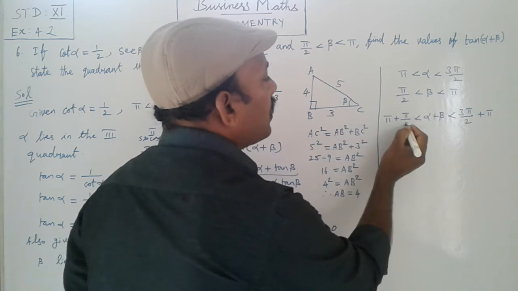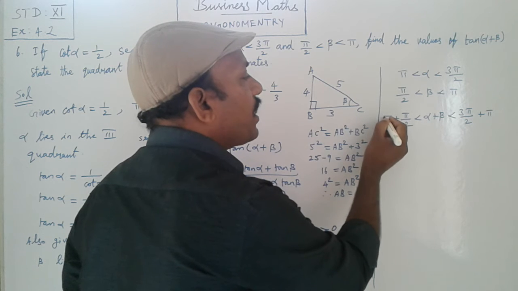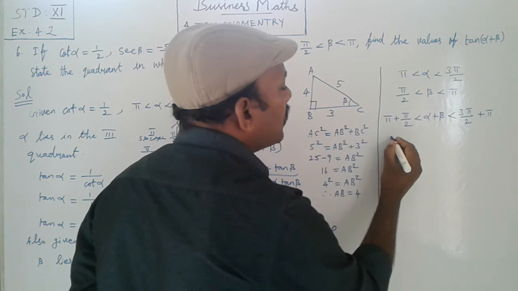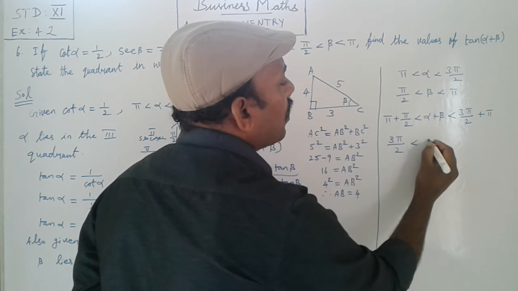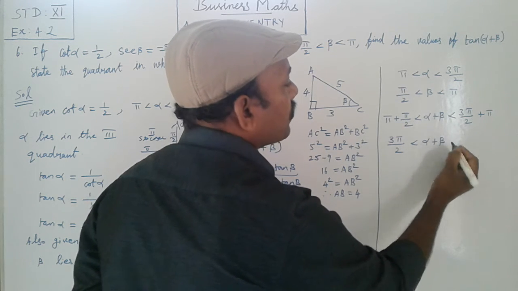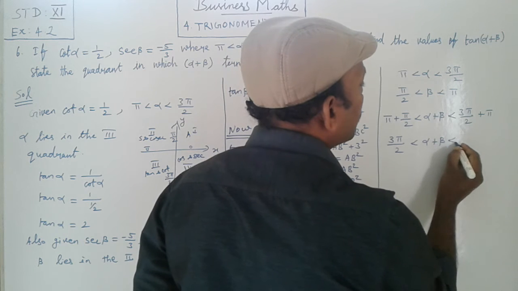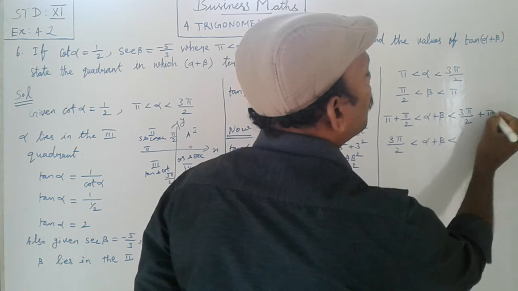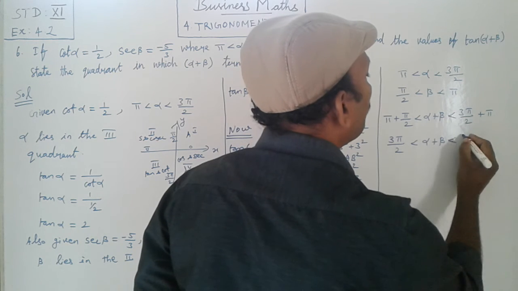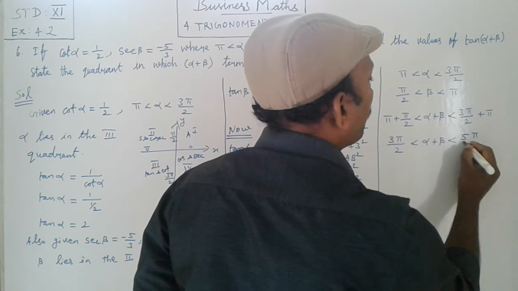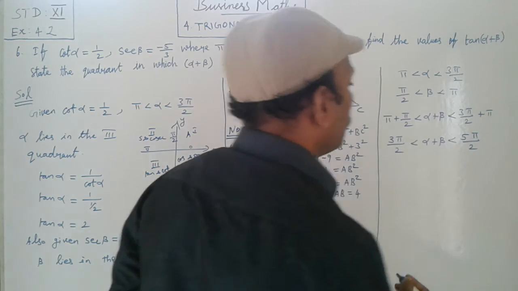Cross multiplying, 3 pi by 2 less than alpha plus beta less than 5 pi by 2.